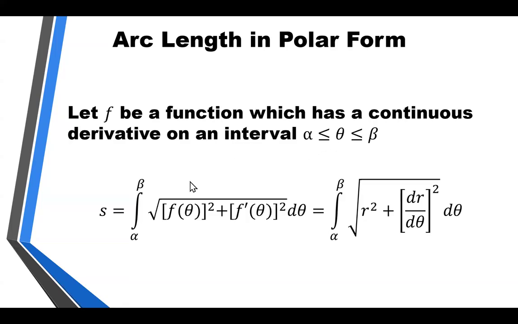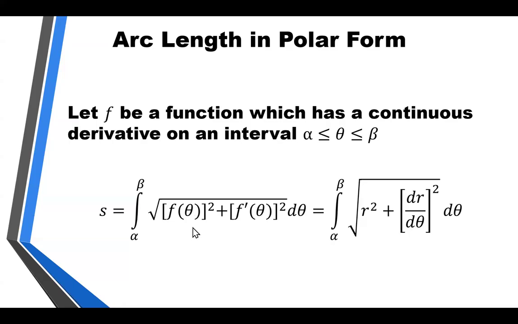Well, arc length is that square root of things squared. What we're going to do is take the regular f of theta, square it, plus the derivative of f of theta, square it, add those things up, and then take the square root of the whole thing, and then integrate that from alpha to beta.